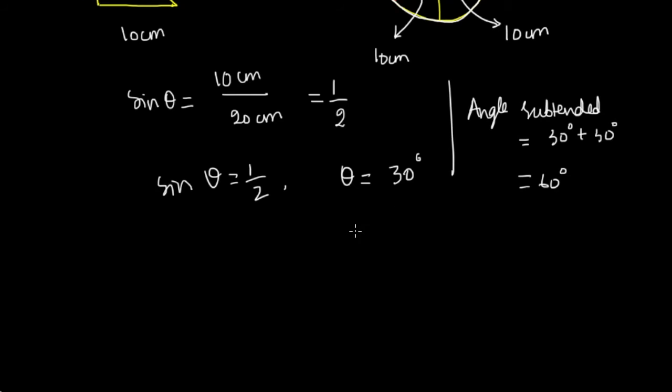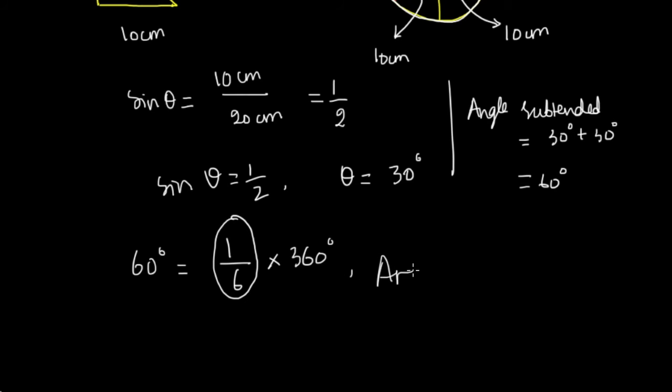Let me just write down what I mean. So 60 degrees is how many parts of 360? So 60 degrees is equal to 1/6 of 360 degrees, right? Why 360 degrees? Because that's the total angle subtended around the center. So it's 1/6 of the total, which means even this arc would also be 1/6 of the total circumference.